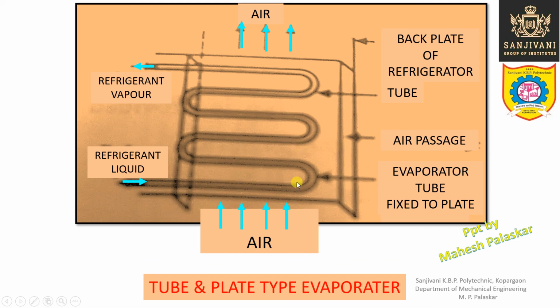So this tube is embedded in the plate and it comes in contact with the air. The air is flowing over this particular plate, okay, and this air gets cooled, okay. So this is the back plate of refrigerator tube and the air passage evaporator tube fixed to plate, okay.